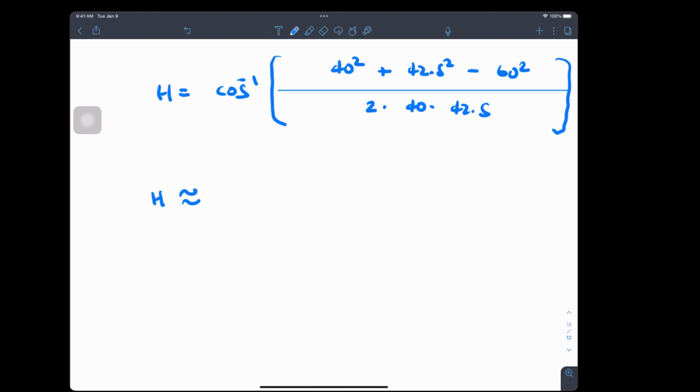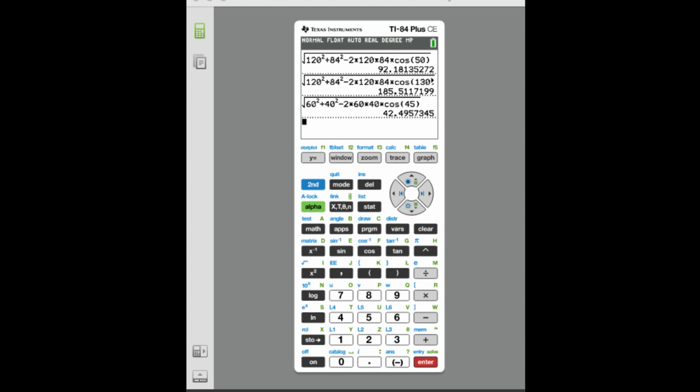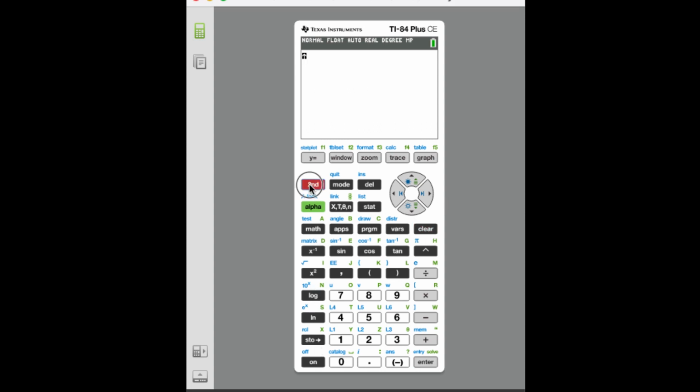Okay, so we can get H now with the TI. So here we go. Let's clear that out. I'm going to say second, inverse cosine. Remember, we did double parentheses so that the numerator was 40 squared plus 42.5 squared minus the 60 squared.